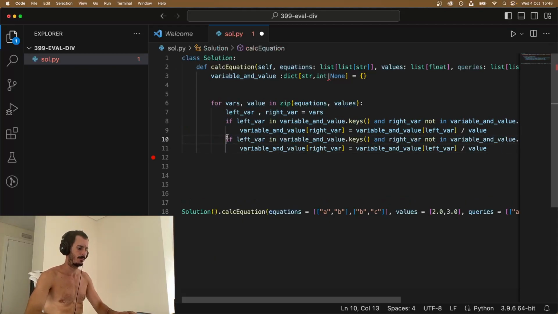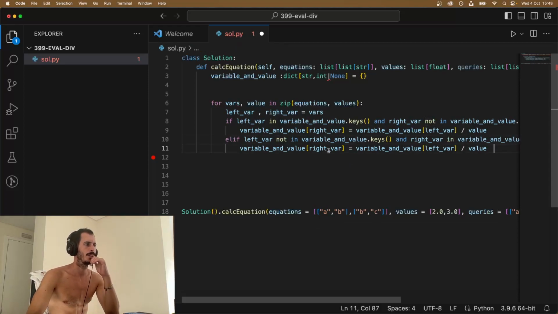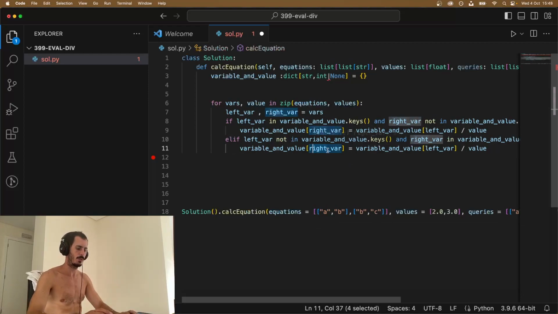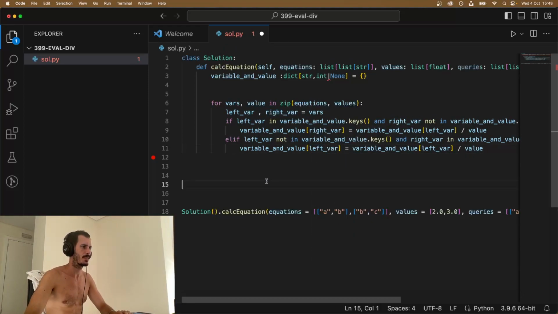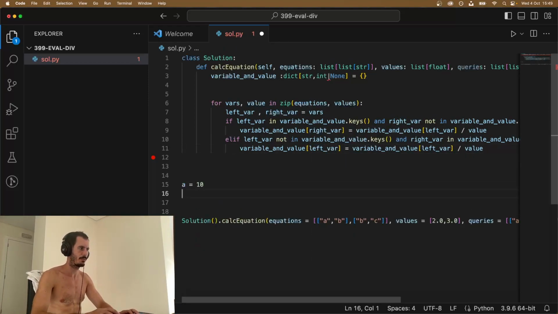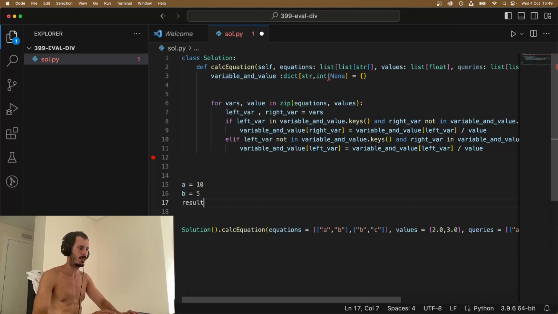Elif left var not in and right var in, we can say that the left var is equal to, let's use that example again. So A equals 10, B equals 5, and the result equals 2, and we don't know 10.